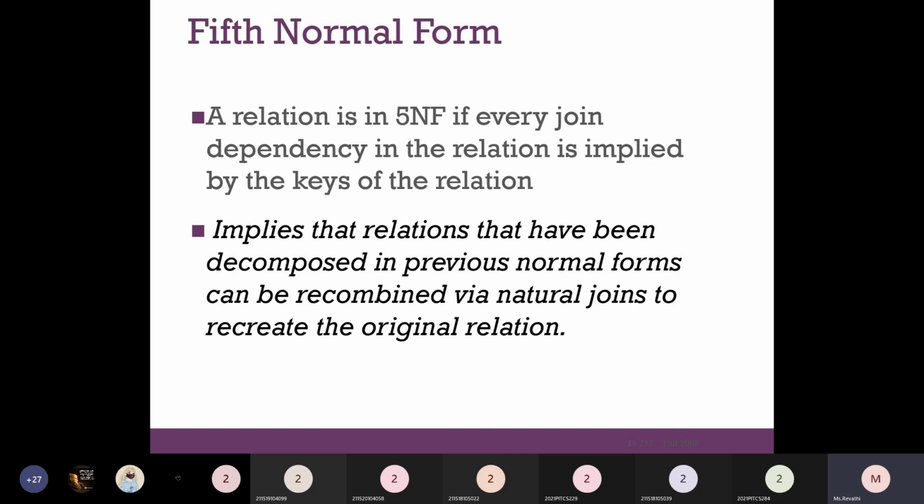You may be asked to check whether a particular relation is in first normal form or second normal form, or to verify whether a particular constraint is enforced or not. So there will be questions on normalization in your GATE exams. So this is a very important topic.